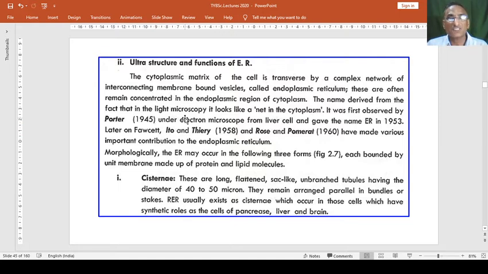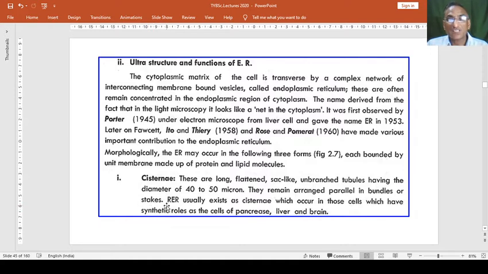Likewise, the structure of the Golgi complex, we can say. Cisternae are long, flattened, sac-like, unbranched tubules having a diameter of 40 to 50 micron. They remain arranged parallel in bundles or stacks. If we keep coins one over another, it looks like the cisternae of the endoplasmic reticulum, stacks one over another.